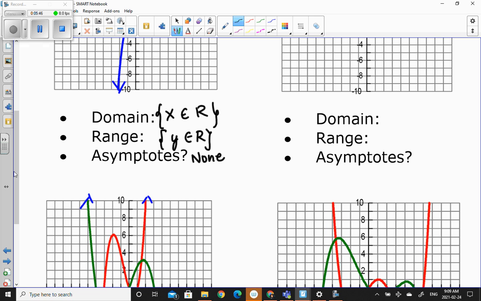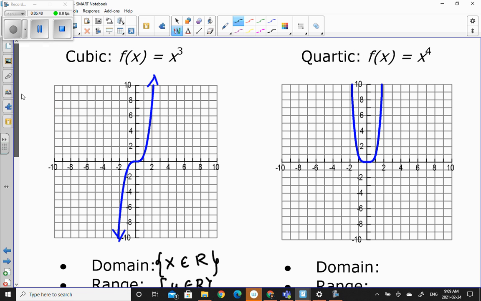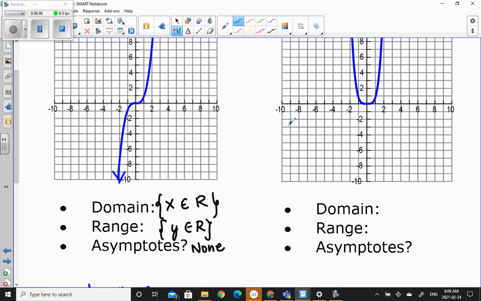And on the right side, I have a quartic function, which has a degree of 4. So in a very basic form, it looks very similar to the quadratic, but the base of the curve is a little more flattened out. And there are arrows here that point, because it goes on to infinity. You can have any value from negative infinity to positive infinity for the domain.